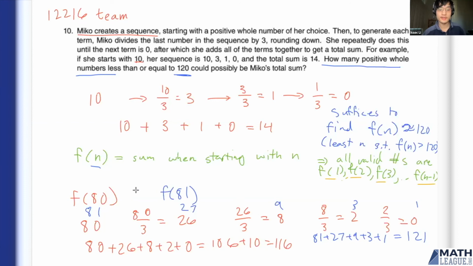So f of 80 is equal to 116. f of 81 is equal to 121. 121 is larger than 120, so all of the valid possible sums will be f of 1, f of 2, f of 3, all the way up to f of 80. So the number of possible numbers that could be Miko's total sum is just 80.